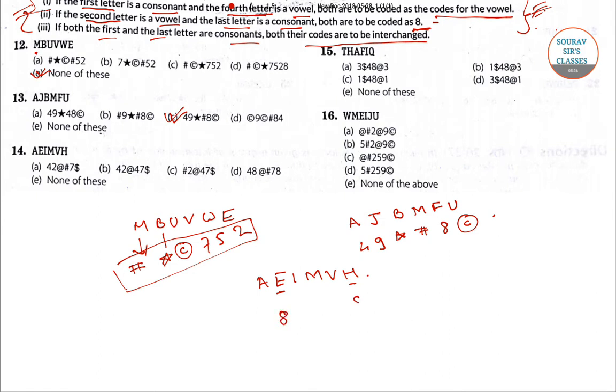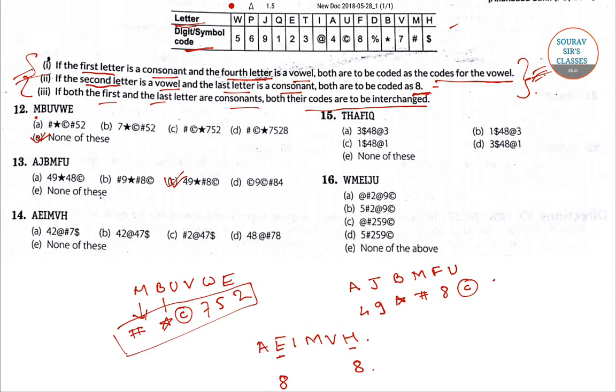So E and H both would be coded as 8. Now the remaining would be A is coded as 4, I is coded as @, M is coded as hash, and V is coded as 7. So the answer is 48@#78, which is our option number D.